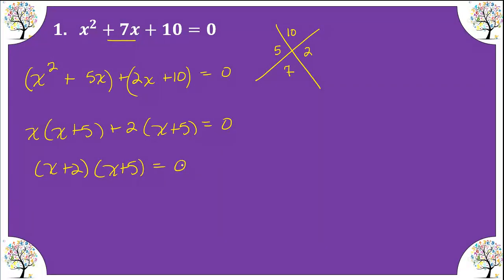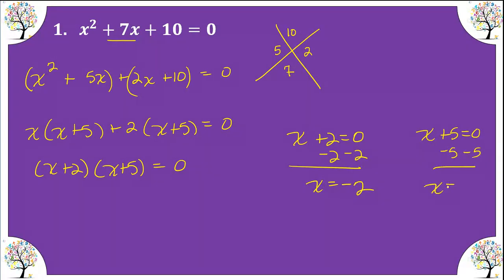Now here is where the new process begins. We're going to set each of these binomials equal to 0. We're going to have x plus 2 equals 0, and x plus 5 equals 0. And now we're going to solve to see what the x value is going to be. So one intercept is -2.